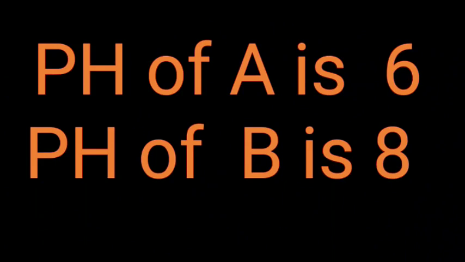A pH value of 6 means it is a weak acid. A pH value of 8 means it is a weak base. When weak acid reacts with weak base, the salt produced is neutral in nature.